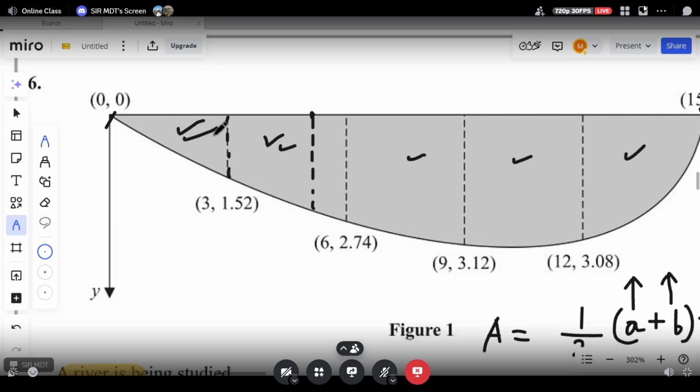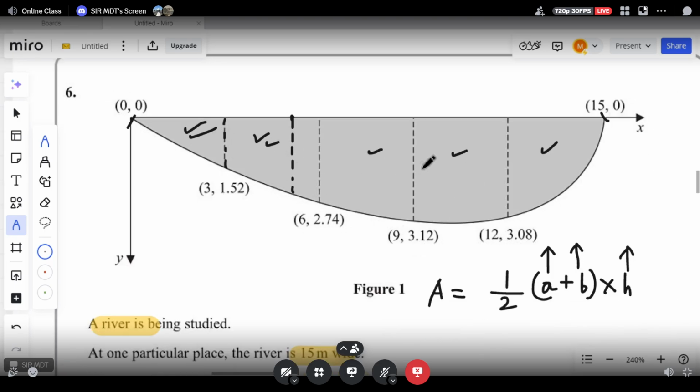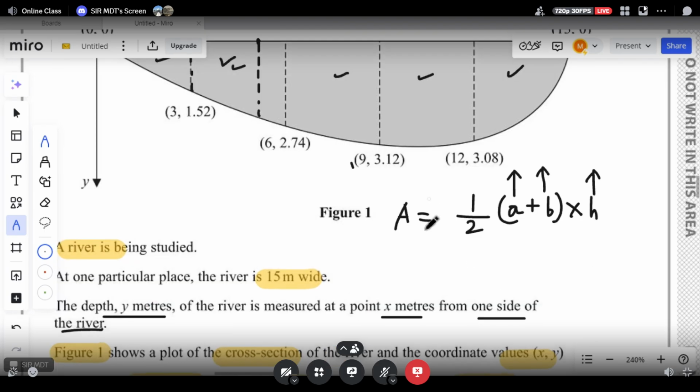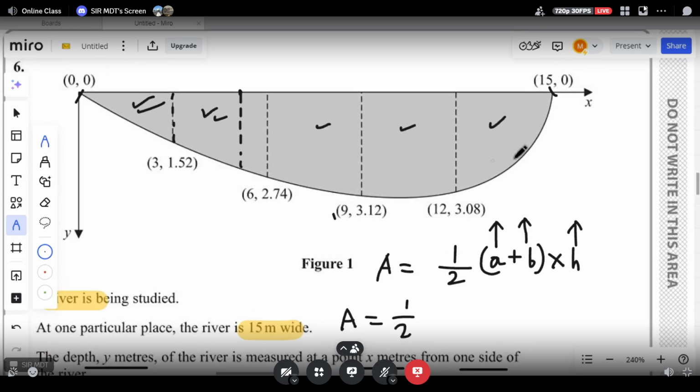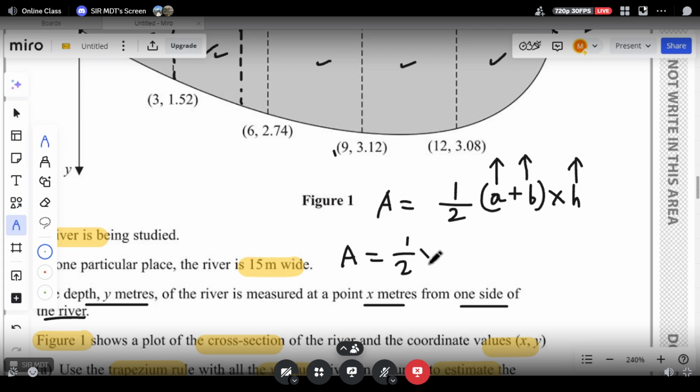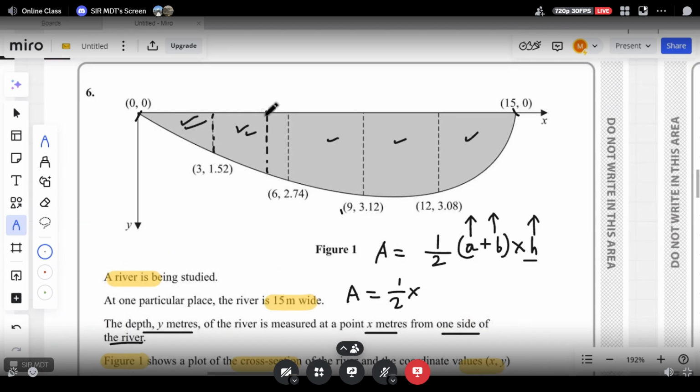So when we will be adding the areas of the trapeziums, the formula that we can get from here is what? Half taken common from all of the areas of the trapezium. So half times what? H. H can be taken common because the distance of separation between the two parallel sides is constant. You see, from 0 to 3, from 3 to 6, always it is increasing by 3 meters.